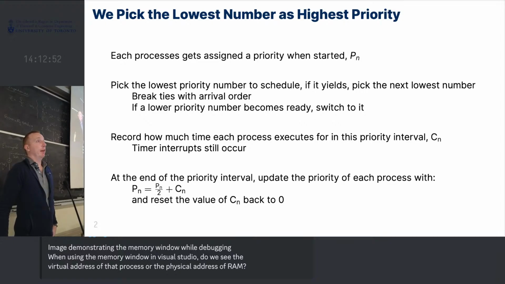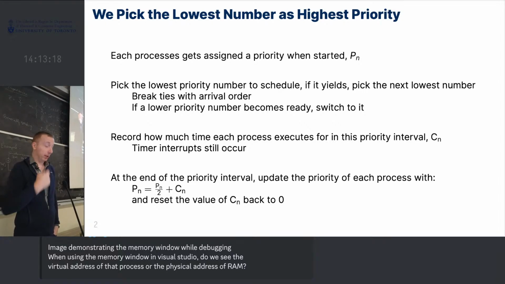Then there'd be an accounting time slice and a time slice for a process, just to make things easier. At the end of an accounting time slice, we record how long each process runs for in this interval. It would be some number Cn, where n is the process number. Timer interrupts still occur.